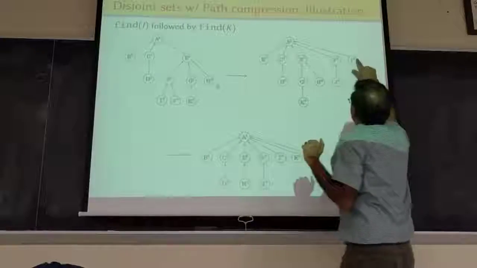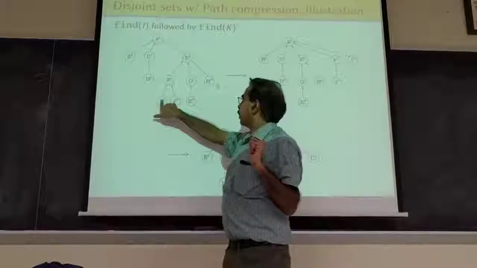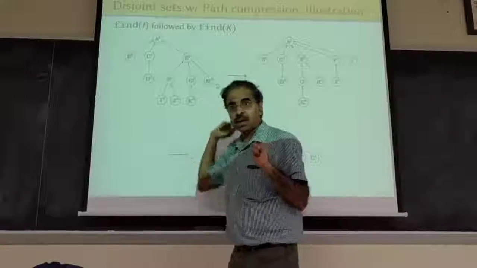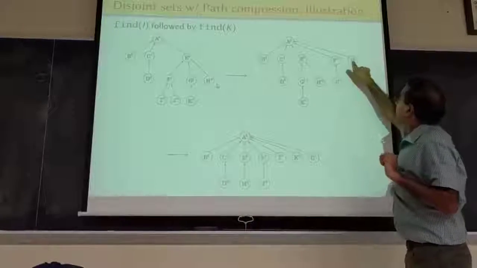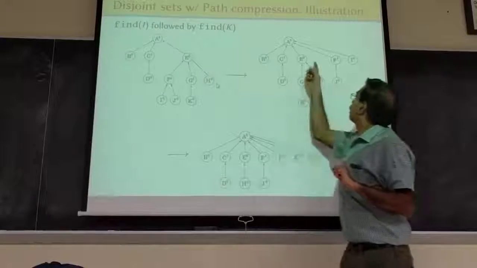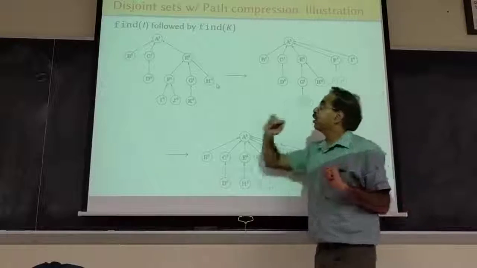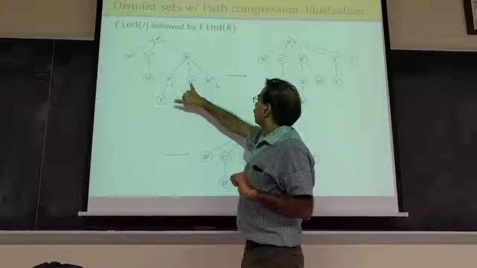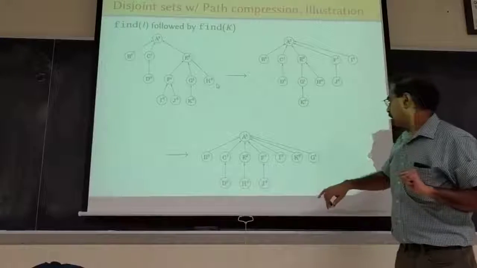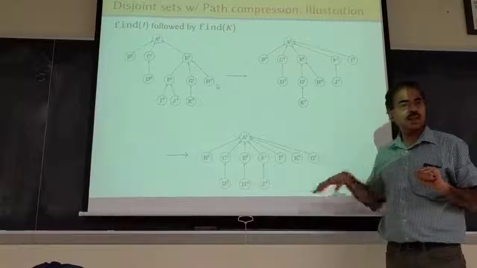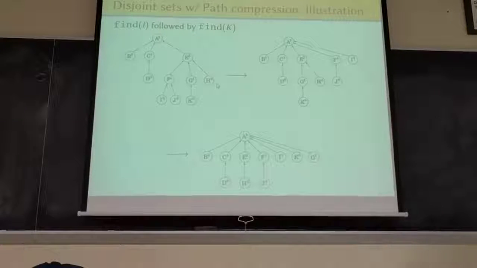So every vertex that we traverse along the path now becomes directly the child of the root, or is the root itself. So I becomes the child of the root, F also becomes the child of the root. Now let's say you do a find k. Well, now again G is going to become a child of the root, and k also becomes a child of the root, right? And you can see that after these two finds, the data structure has become very flat.